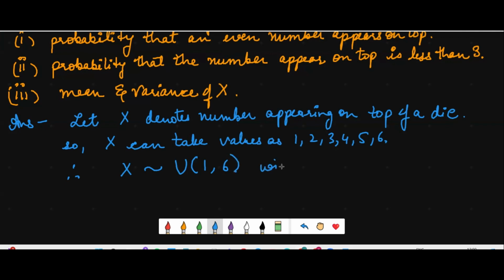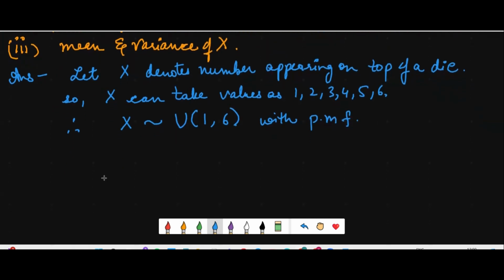So with the probability mass function, PMF means the probability mass function, P of X equals x, that is 1 upon 6. The formula for the probability mass function, if you could remember, was 1 upon n, right? So here our n is nothing but 6. So I am considering 1 upon 6.